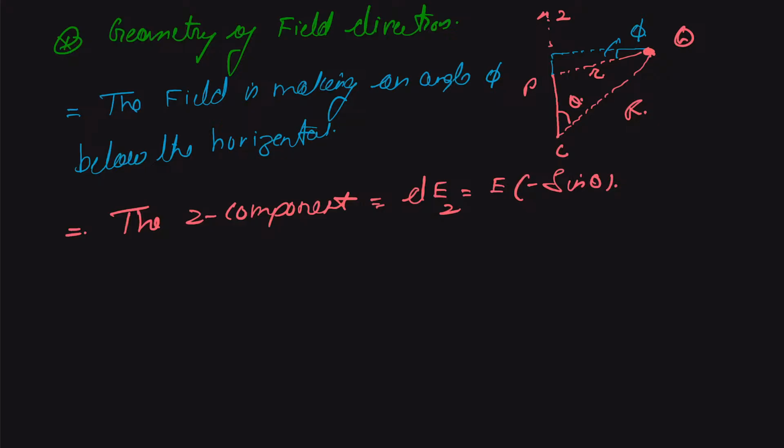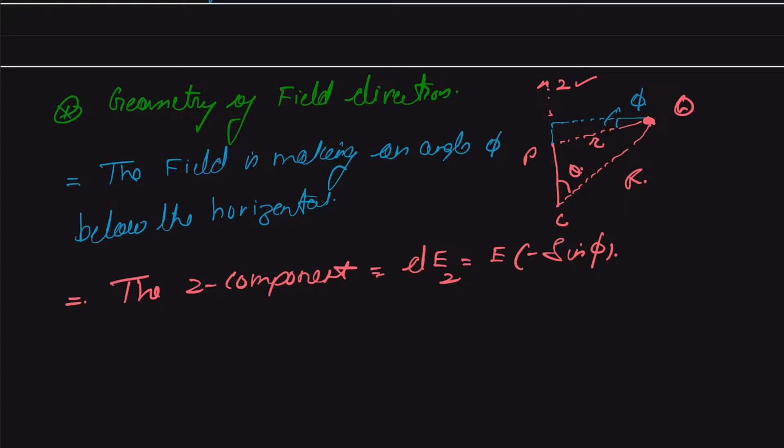Sorry, not theta but phi, because the angle is phi. And we have to remember, in the question it is only asked what the field in the z direction, or z axis, at point P specifically will be. So we are not bothered about any other point; we are only interested in the electric field along our z axis. And this minus just points out the direction. So it will be sine of phi in the downward direction. So this will be our sine of phi.